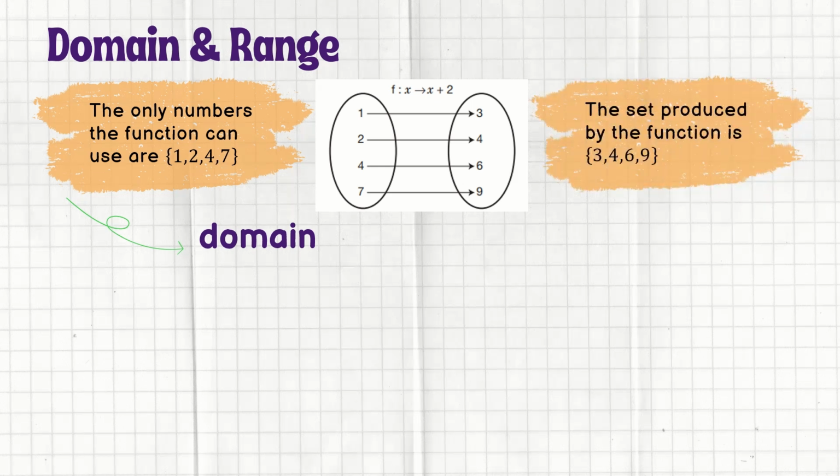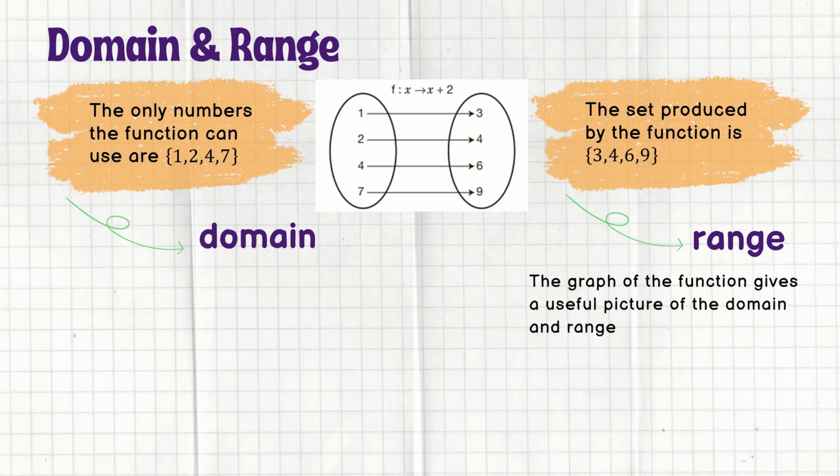And the set produced by the function is 3, 4, 6, 9. So we call these numbers the range. So basically, domain is the input, the numbers that we put into a function, and range is the result we get, or the output we get from a function.